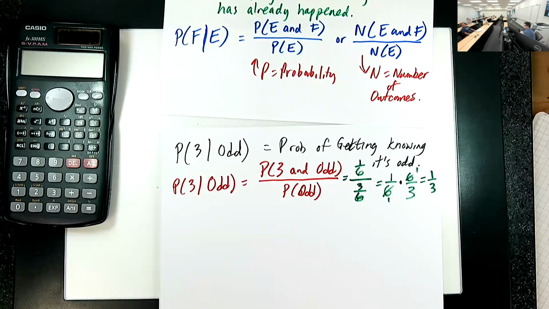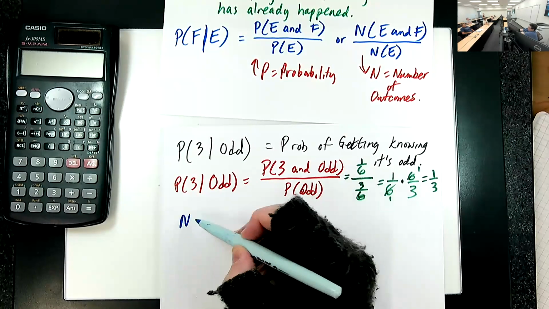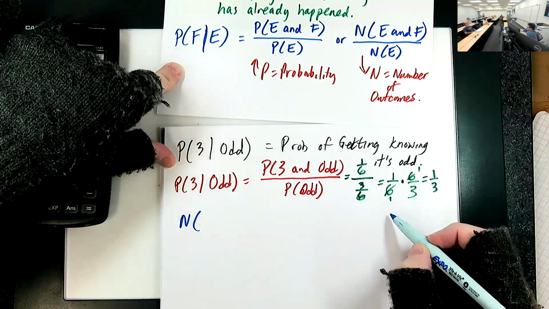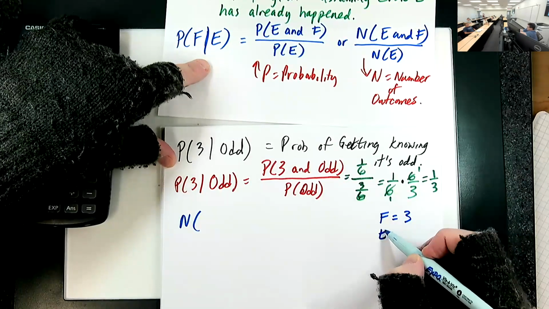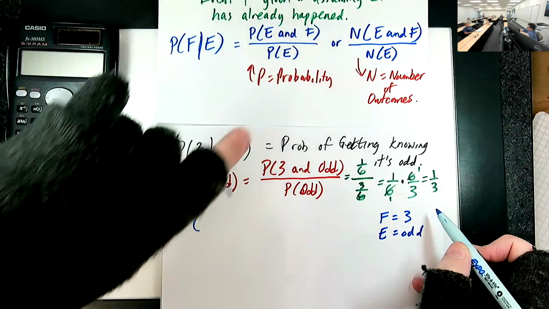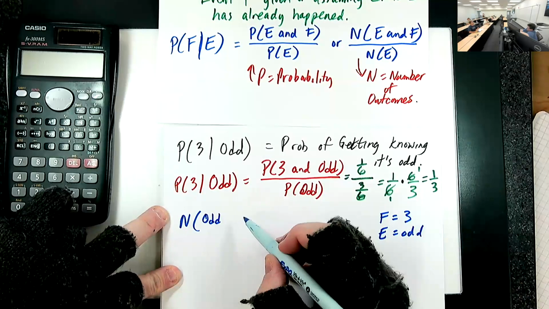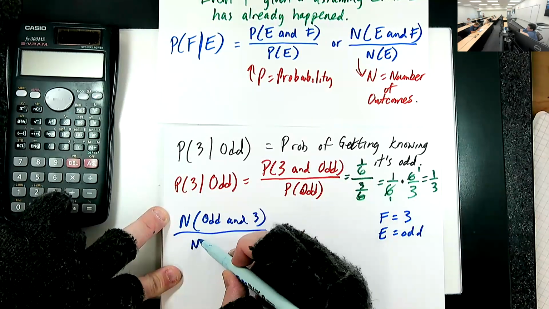So let's look at the number version instead. We want the number of E and F. Now remember, F is the 3 and E is the odd. So I'm doing N of odd and 3 over the number of odd.